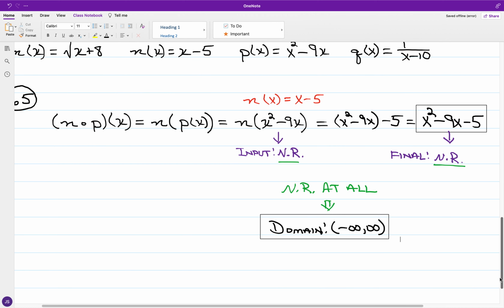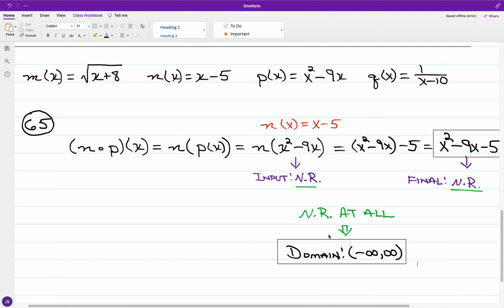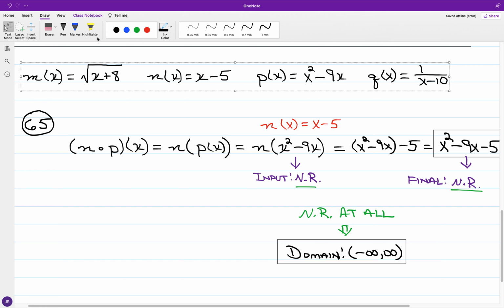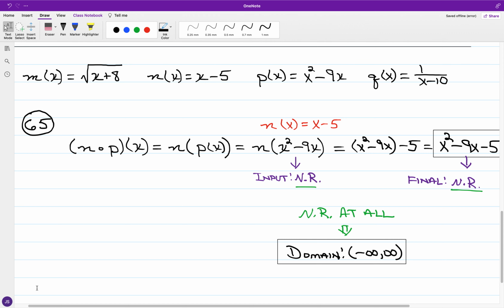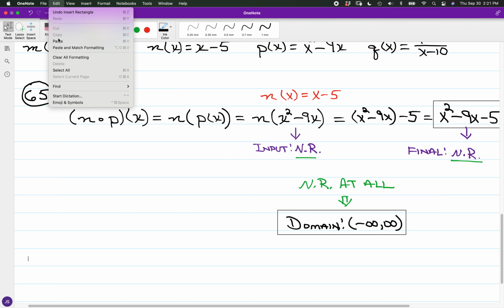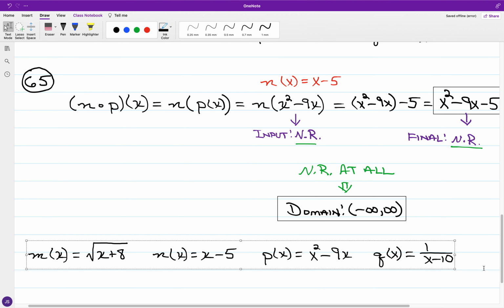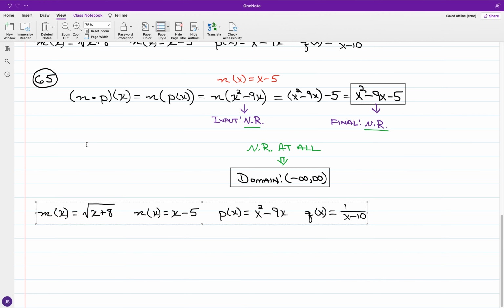Right. Now, still with these functions, we have the next situation, involving the functions p and n. I'm just going to copy these functions. In 66, I had p and n to work with, so you get the reverse order.